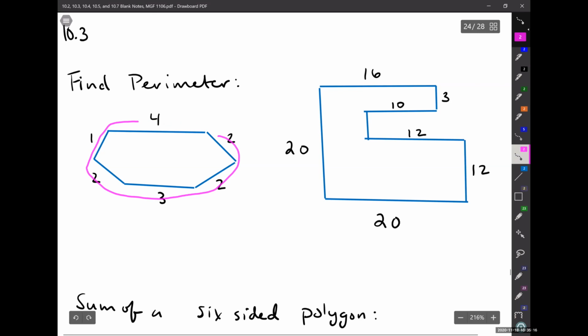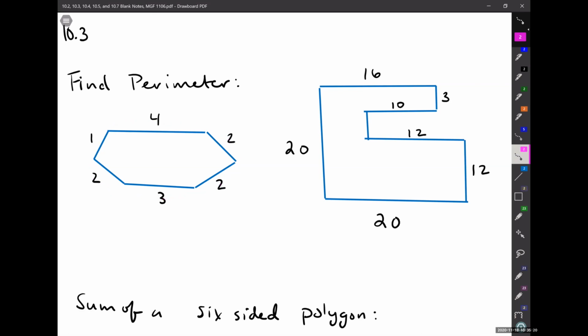So we just add those all together. And do y'all agree with 14 for the first one? Now for the second one, we do have to do a little bit of detective work.